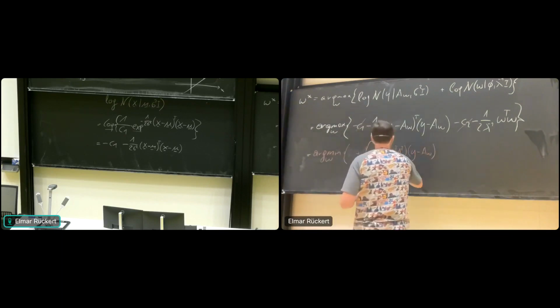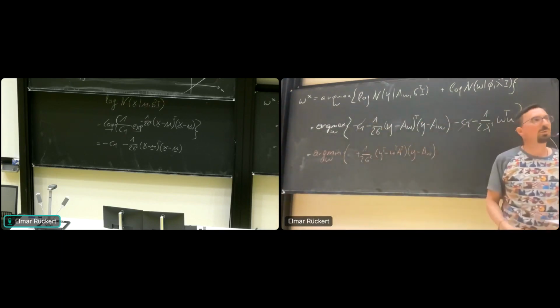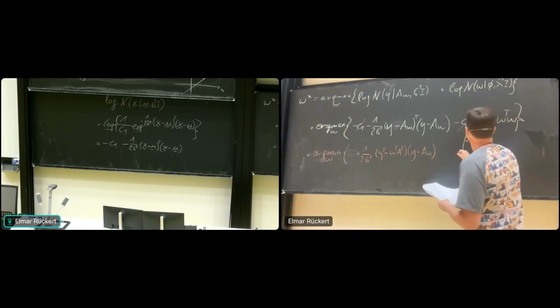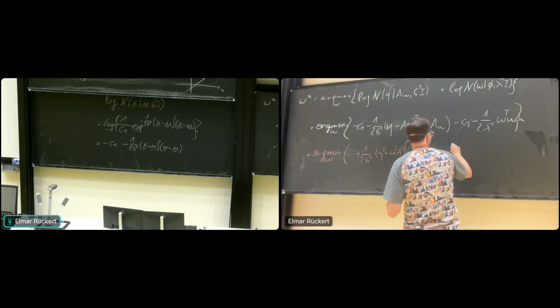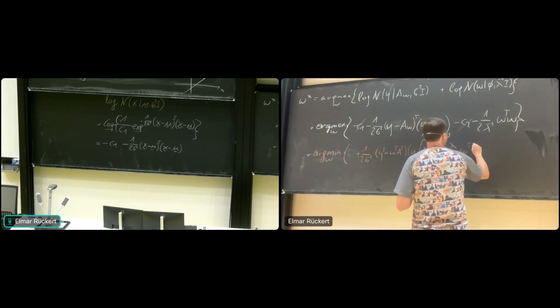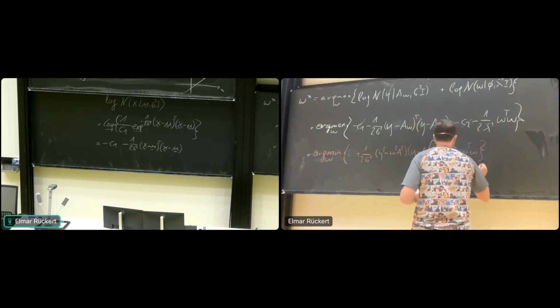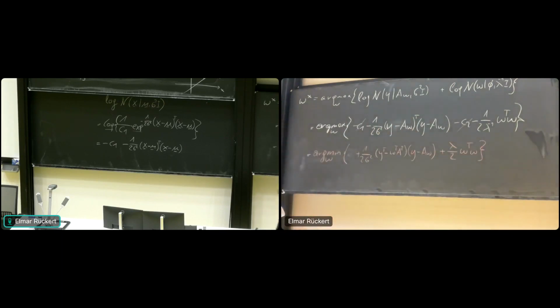You remember that trick here? Do exactly the same. Then we have plus lambda half W transpose W. So what's next? Minimization problem as last week.